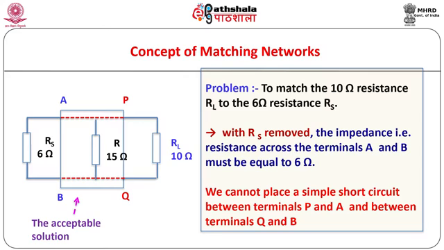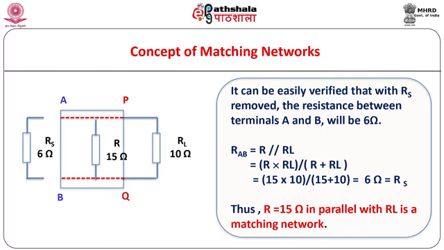One of the acceptable solutions is to join terminals P and Q to terminal A and B respectively and connect a resistance R of 15 ohm between terminals A and B. With this, we have the circuit as shown. It can be easily verified that with RS removed, the resistance between terminals A and B will be 6 ohm.